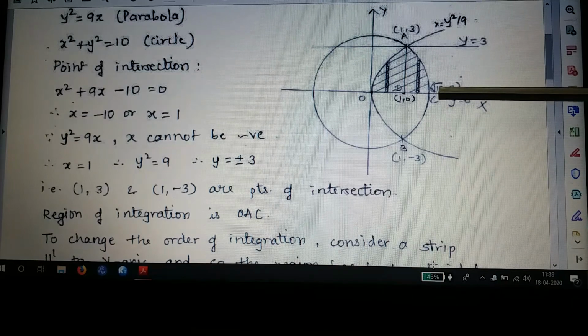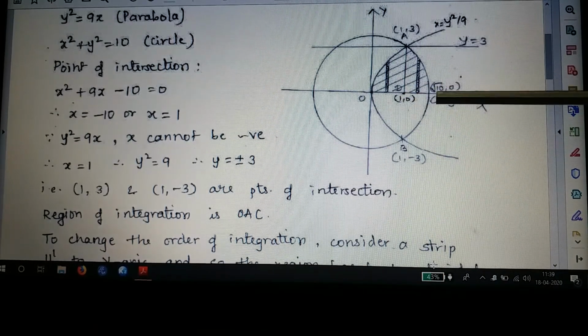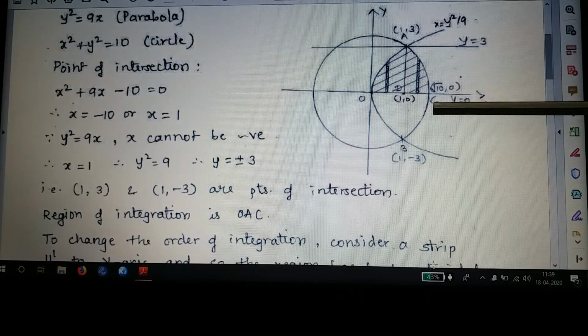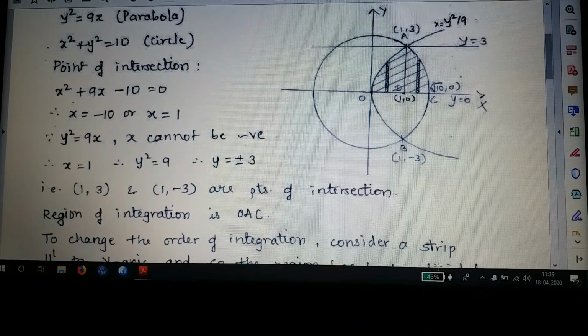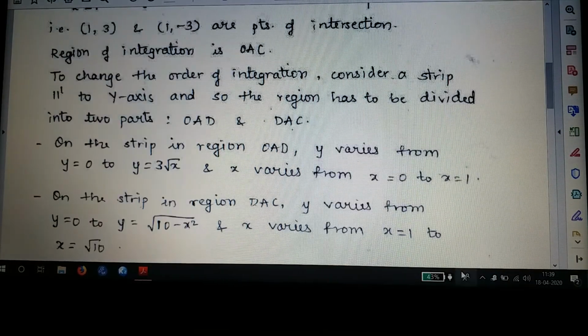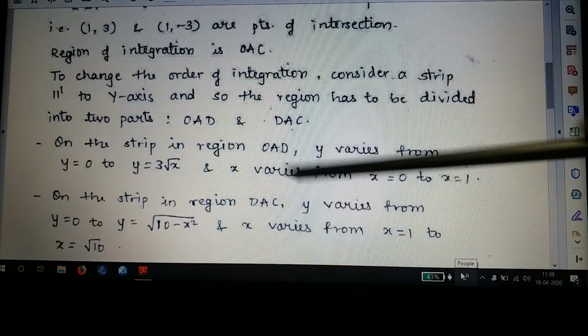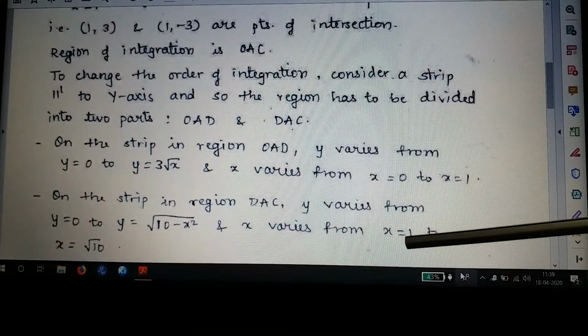This is because the radius is root 10. So now x is varying from 1 to root 10. So we have got the limits for the second region also. Again, I'll show you the limits written over here. In the second region, y varies from 0 to root of 10 minus x square and x varies from 1 to root 10.